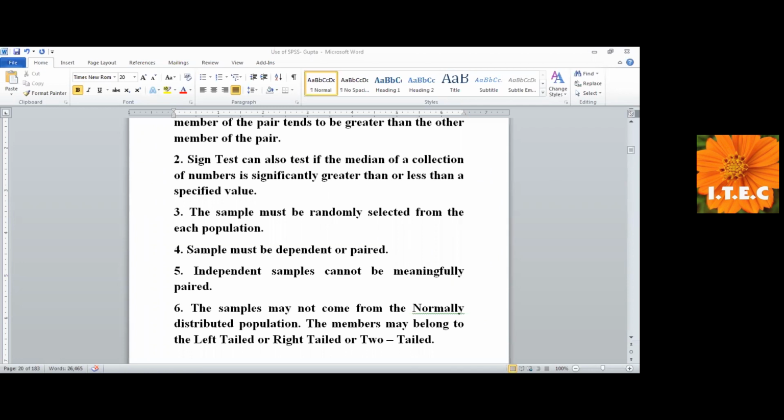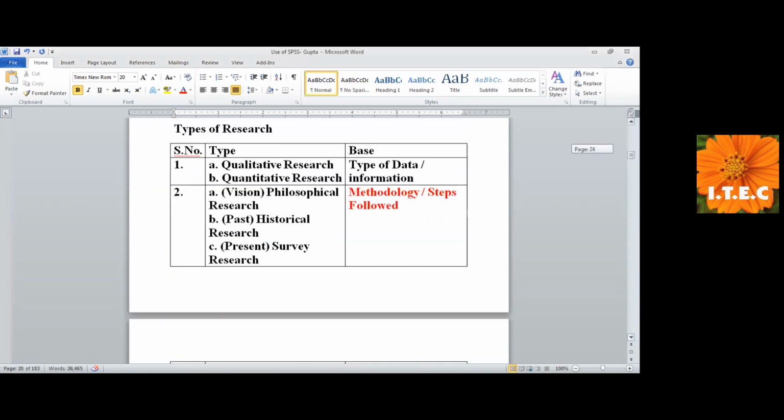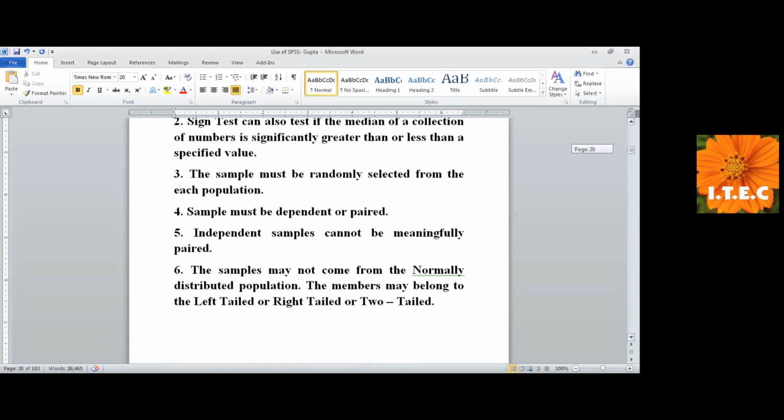So let us see how I proceed. Let us have one title. And I told you yesterday that if you have a pre-test, post-test, single group design, in that you can use it.